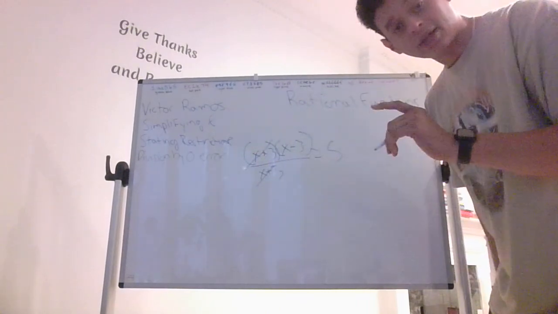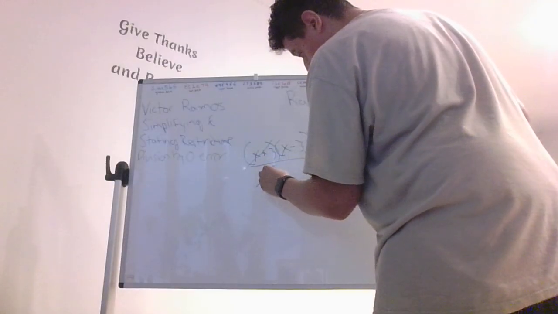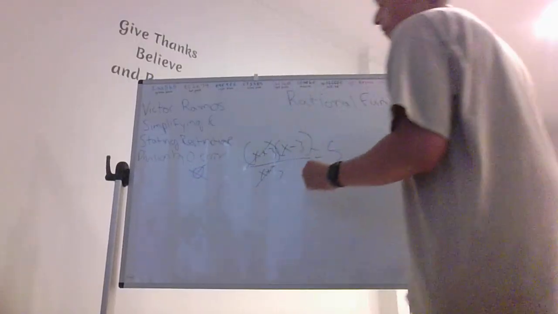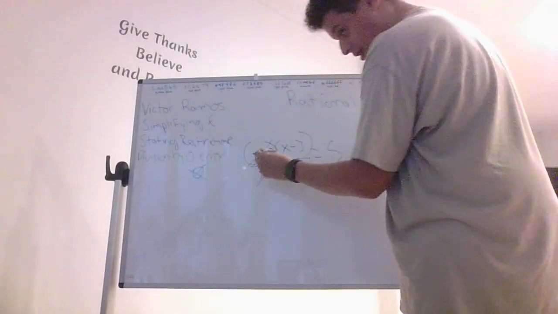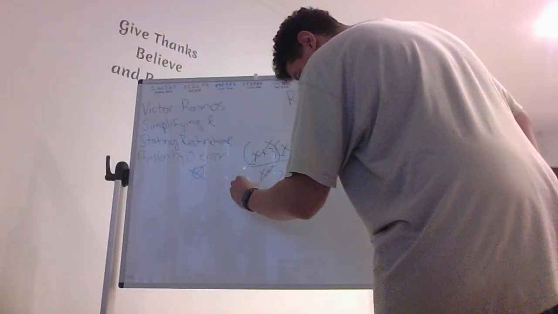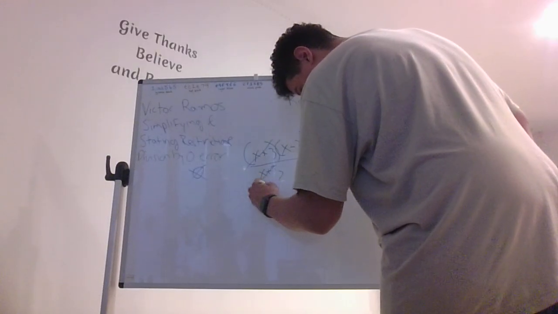Now, I know what you're wondering. Doesn't that mean that if this is eliminated, it will equal 0? But that is incorrect, because every term that has a variable in it automatically has a coefficient of 1. It's 1x plus 3.